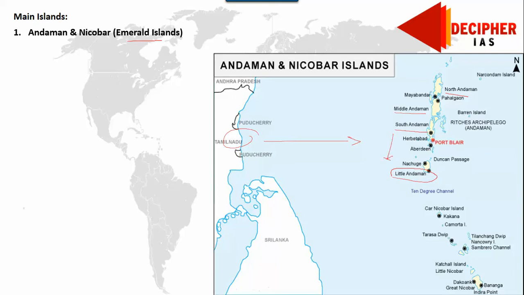Many a time the examiner may confuse you by asking you to locate the various Andaman islands on the map, and he may ask which comes first and which comes second. Port Blair is the capital.